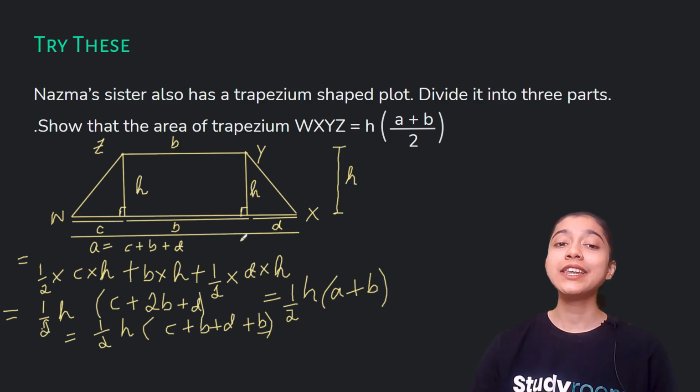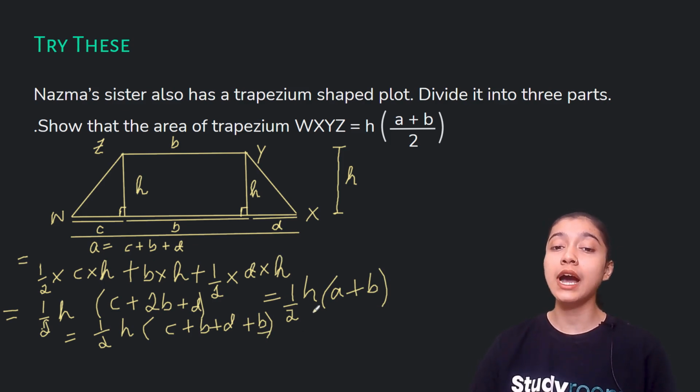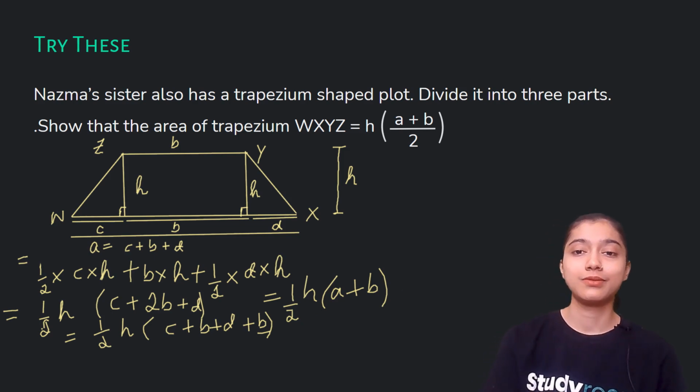That is, the area of this given trapezium WXYZ will be equal to half H (A plus B). I hope it's clear now.